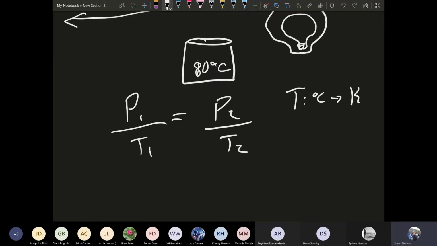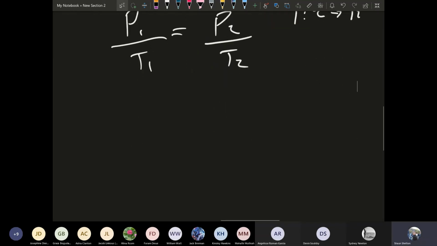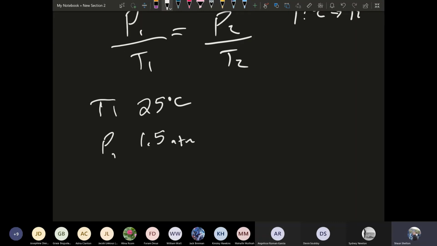All right, so let's say that we have a gas can or a soda bottle, doesn't matter. Let's say the temperature of that is 25 degrees Celsius initially. So that's your T1. And your pressure initially is right around 1.5 atmospheres. So the temperature inside your car gets to 80 degrees Celsius.